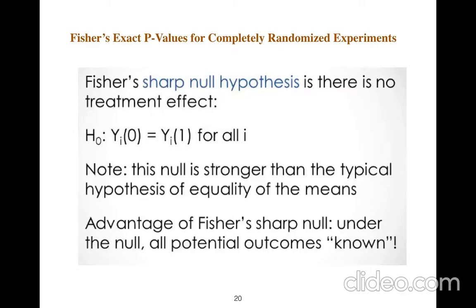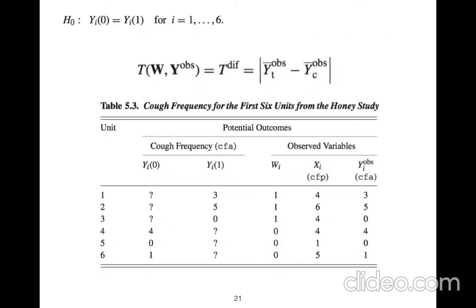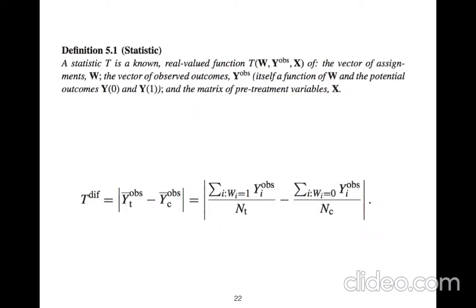For example, if Joe takes the treatment and he has a potential outcome of 4, then if he didn't take the assignment, didn't take the treatment, then he could have the same value. And so our null hypothesis is the equality of these potential outcomes. So we have to decide because it's just a statistical test.